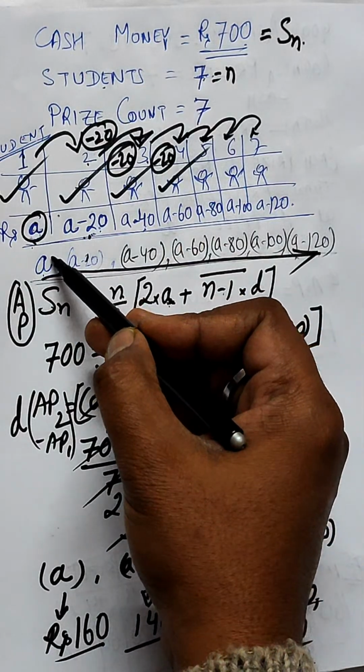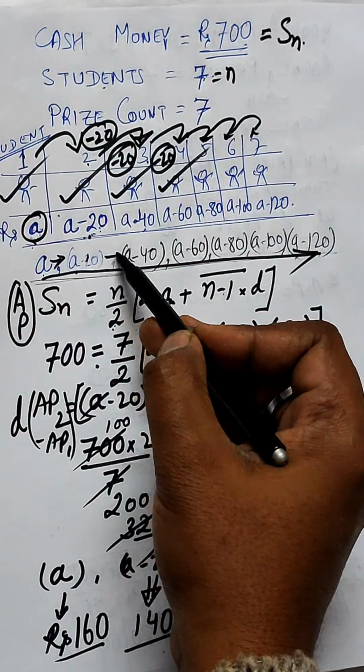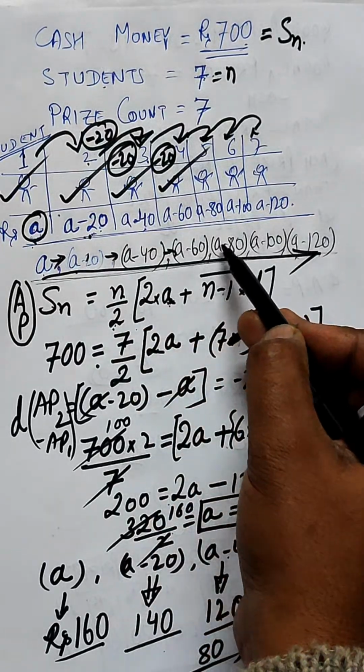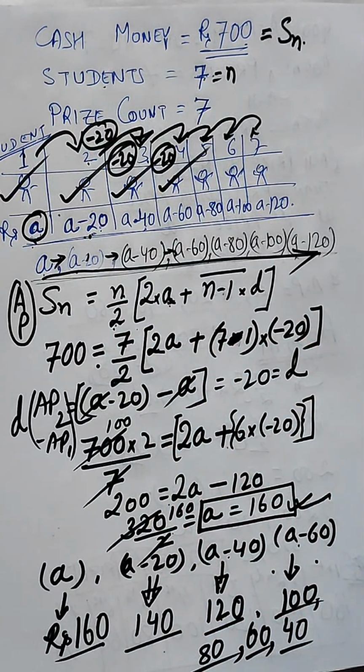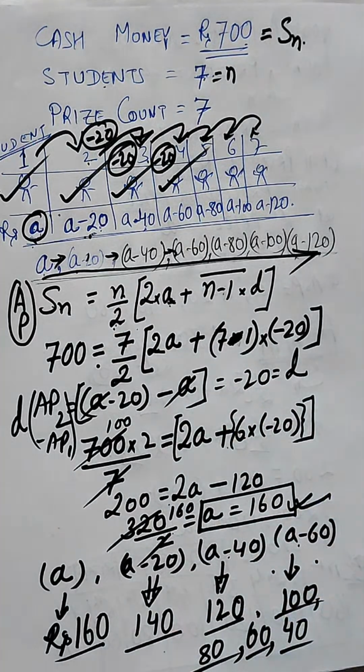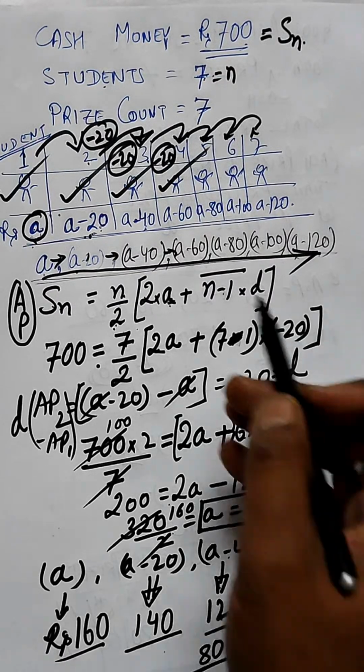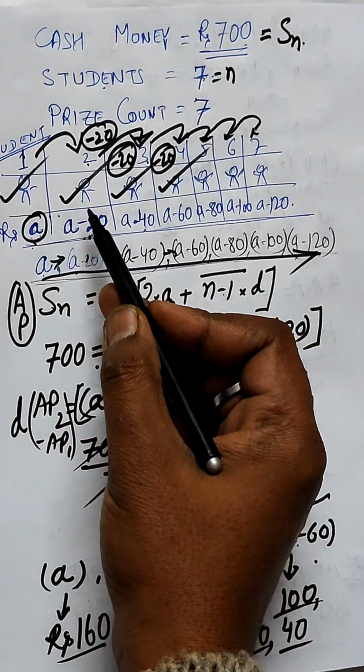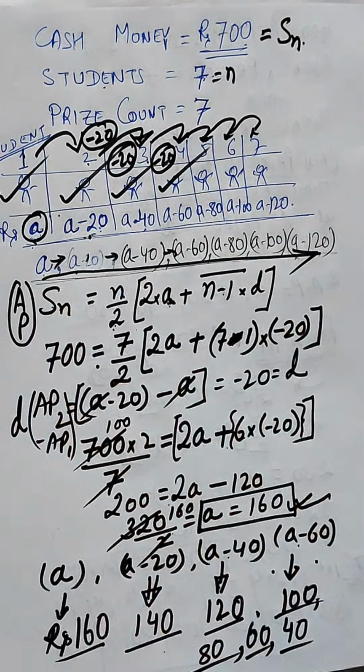You can see the sequence over here: a, then a minus 20, then a minus 40, then a minus 60, like this, right? Now if each prize is rupees 20 less than its preceding, meaning the previous one, when we are comparing the prize money of the two students, the second is getting rupees 20 less than the first one, right? In this case, find the value of each prize.